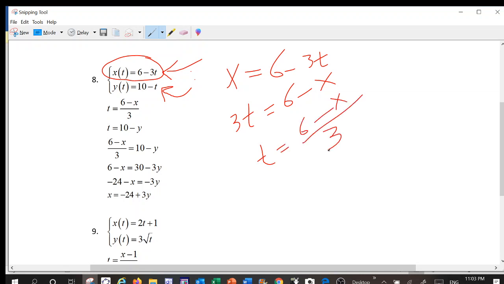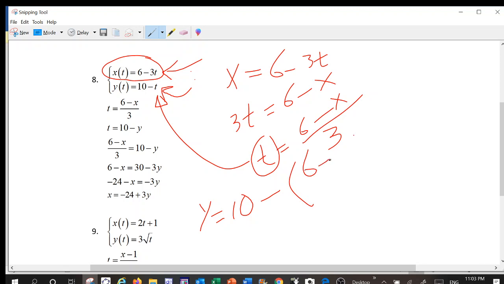Now we're going to take this t and substitute it in here for t. So y equals 10 minus t, which is (6 minus x) over 3. And then you simplify this. Do the algebra and simplify it. That's all there is to it.